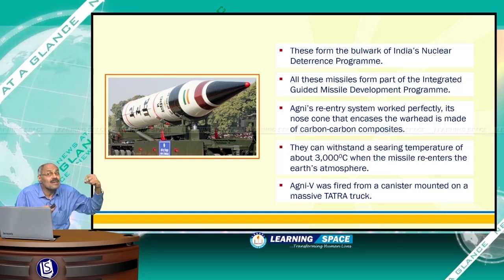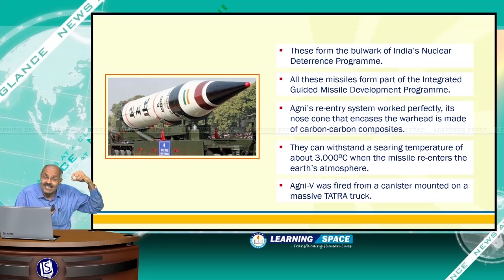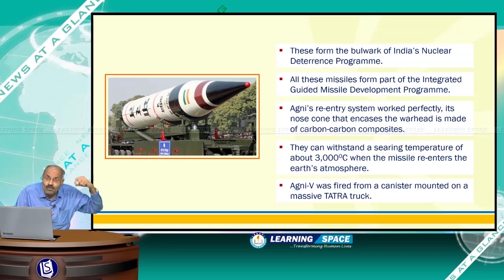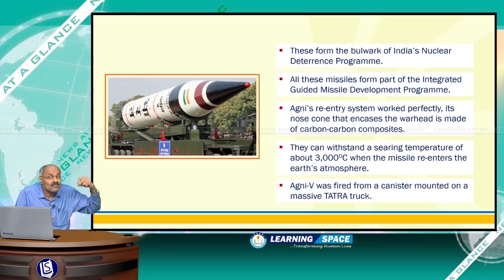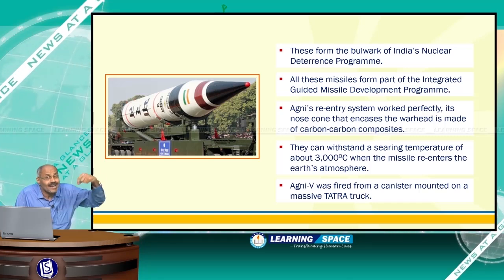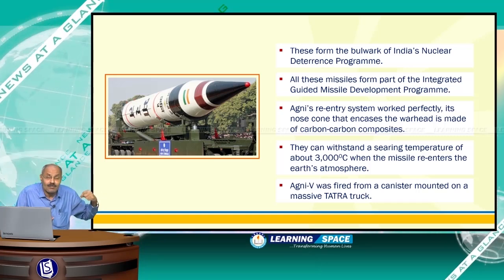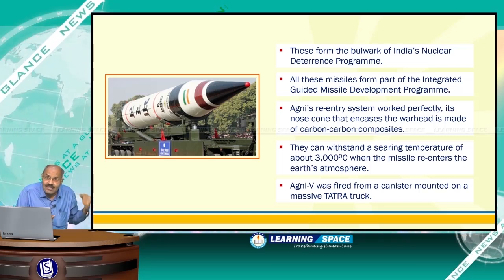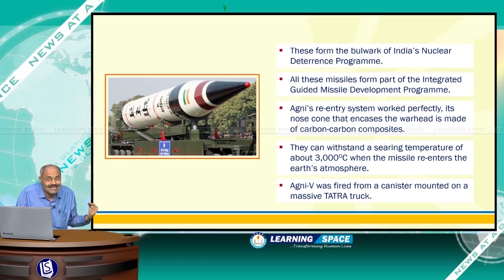And this carbon-carbon composite, this will withstand very high temperatures. And another important aspect is Agni 5 was fired from a canister mounted on a Tatra truck. From Tatra truck means it can be launched from anywhere. So that is the beauty of this experiment, right?